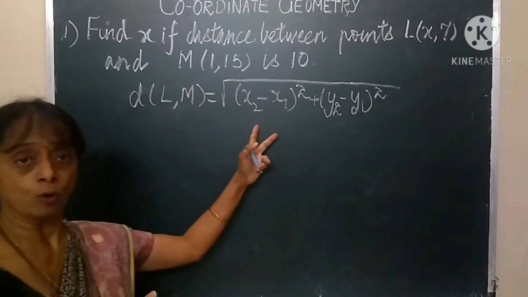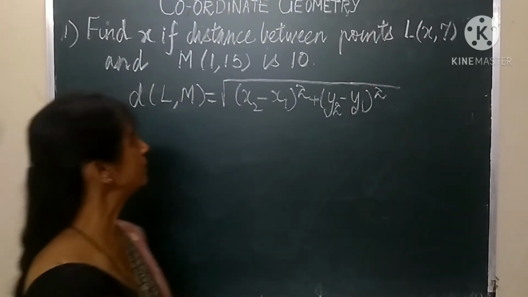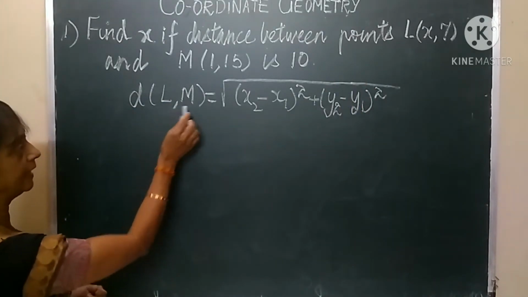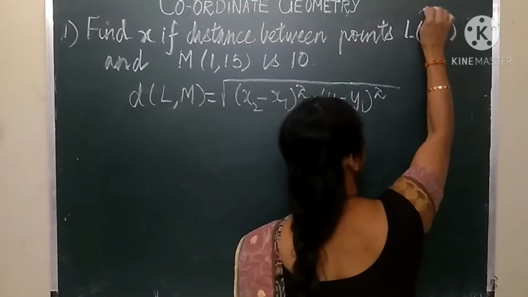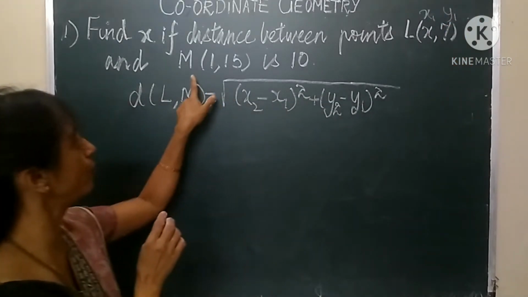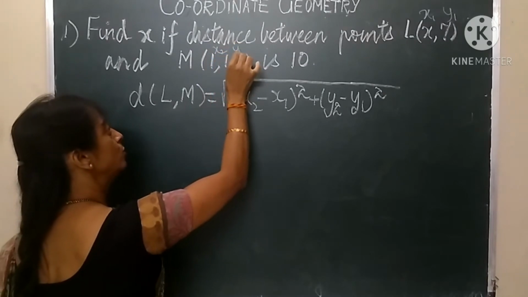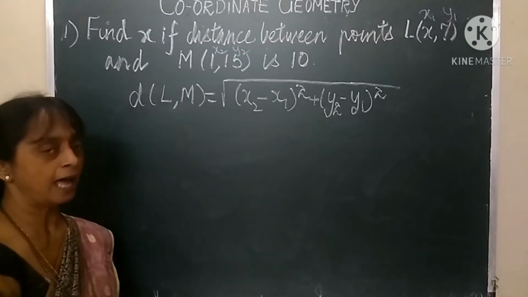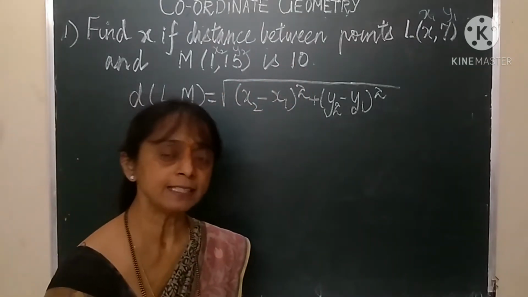We will have to assign who is x1, y1, x2, y2. As we are considering points L and M, the coordinates of L can be assigned as x1, y1, and the coordinates of point M as x2, y2. And what else is given, we saw? Distance LM is also given as 10.